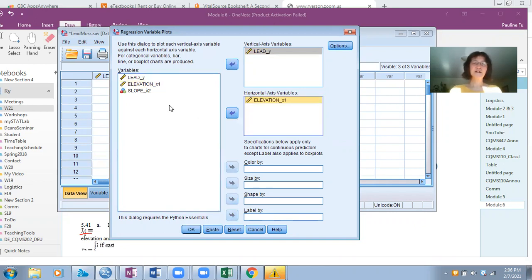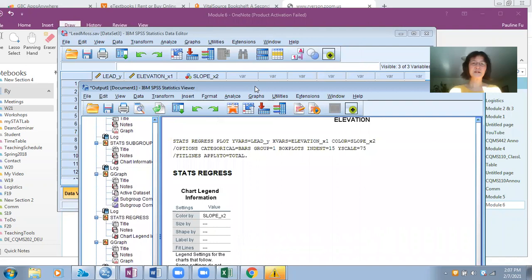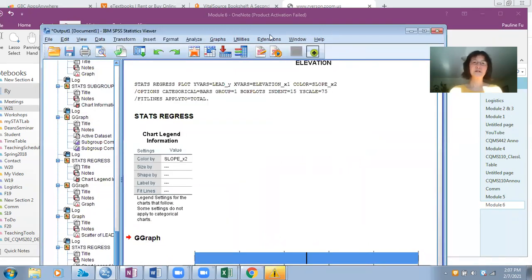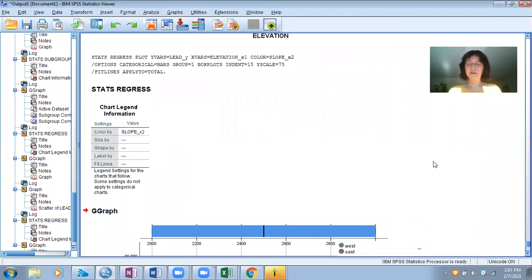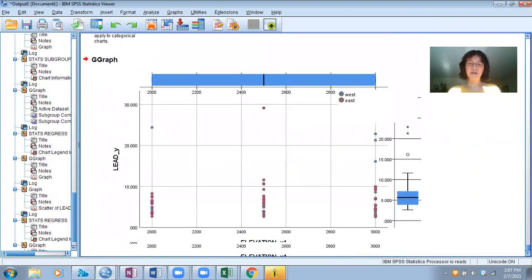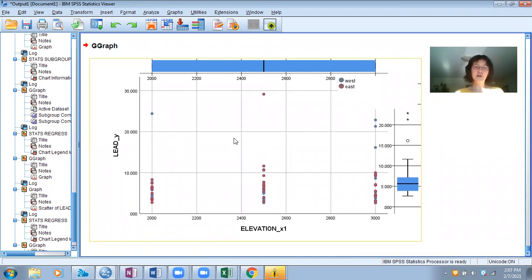And then I need to color by slope. Remember, slope is either 1 or 0. 1 represents east, 0 represents west. So I'm going to color by slope. And then I click the OK button. And this is the graph. Y is lead, elevation is x, and use the different color represent west and east.